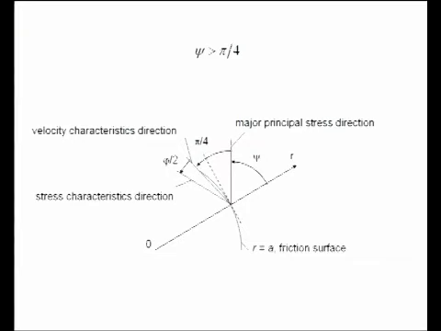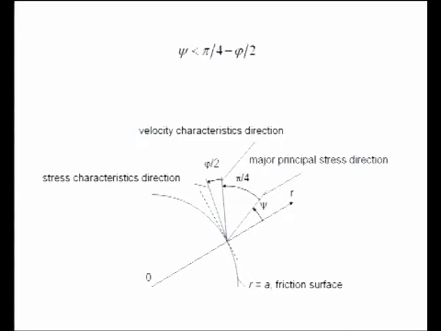And you can see from this diagram that the only possibility in this case is that this characteristic direction coincides with the tangent to the friction surface. This one cannot coincide because this comes first. So this is the case of psi larger than pi over 4.